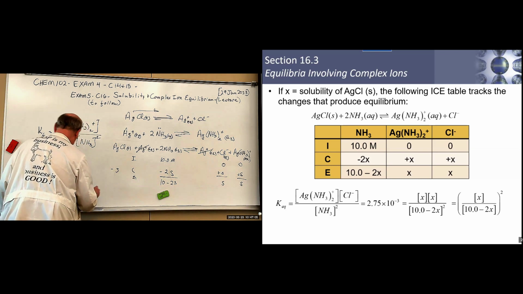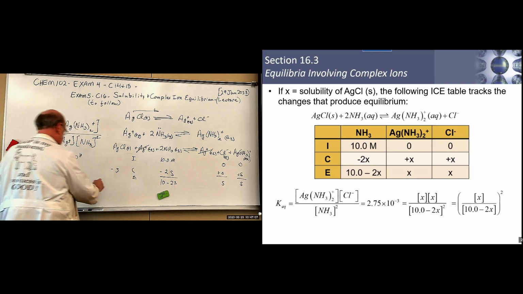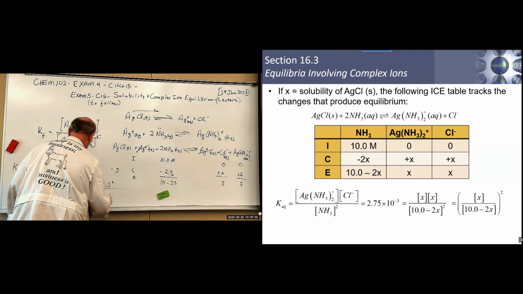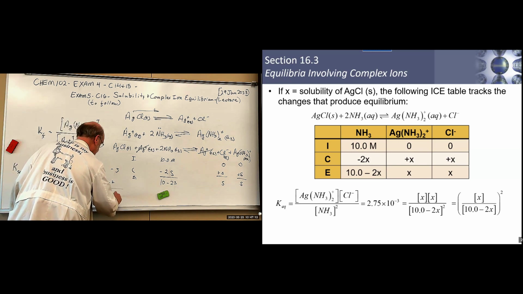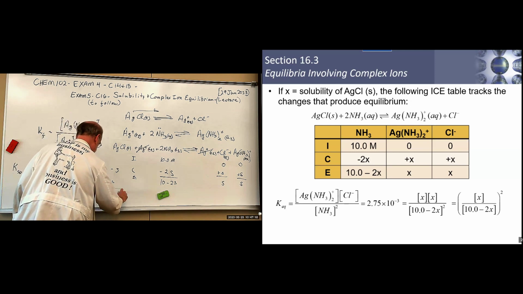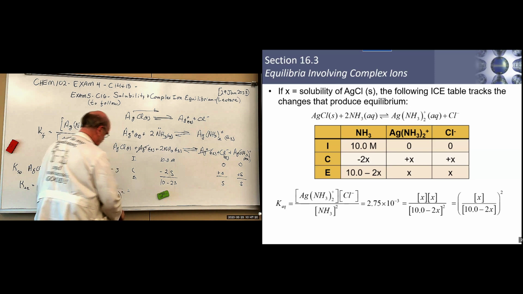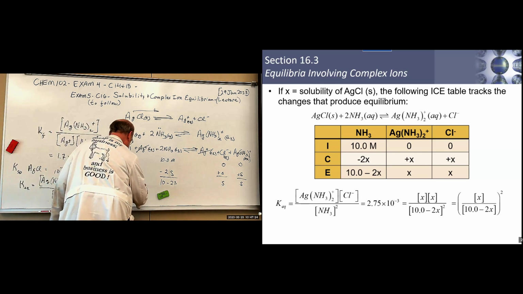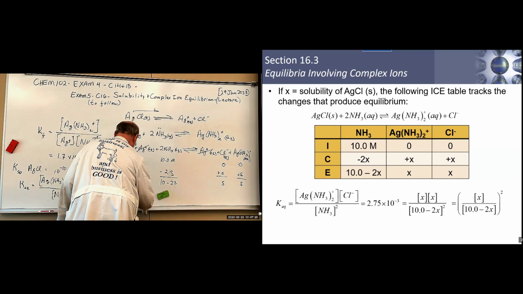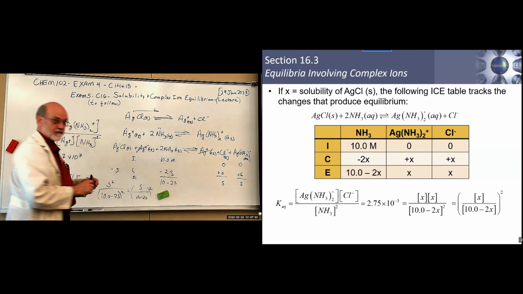What we've got here is these 2 S's are going to be S squared, right? And this one's going to be 10 minus 2S, squared. So if this one's squared and that one's squared, it's the same thing as writing S over 10 minus 2S, and the whole thing is squared, correct?